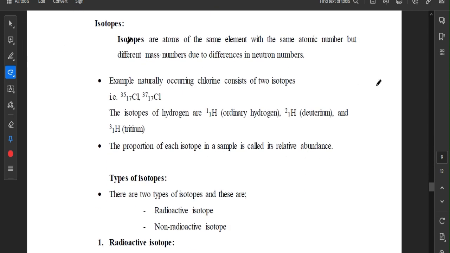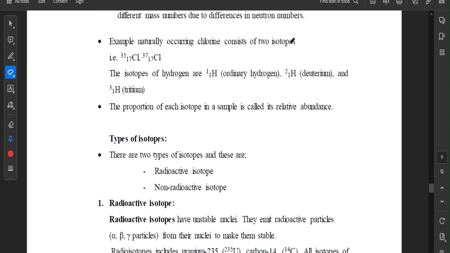Isotopes. Isotopes are atoms of the same element with the same atomic number but different mass number due to differences in neutron number. Example: naturally occurring chlorine consists of two isotopes, that is chlorine-35 and chlorine-37. So the number below will always be the same, only this number changes.